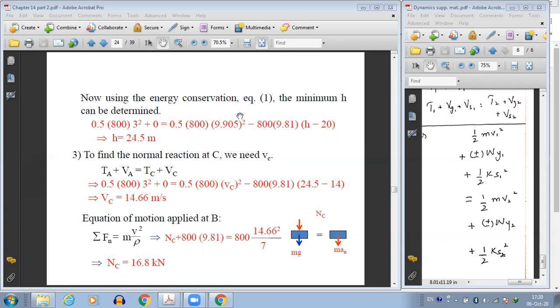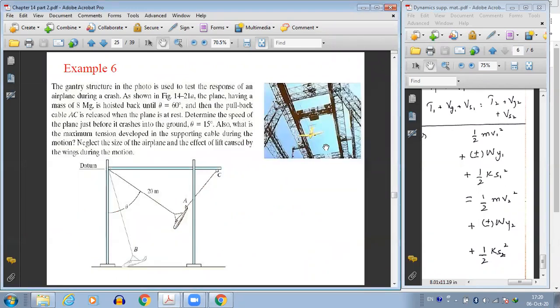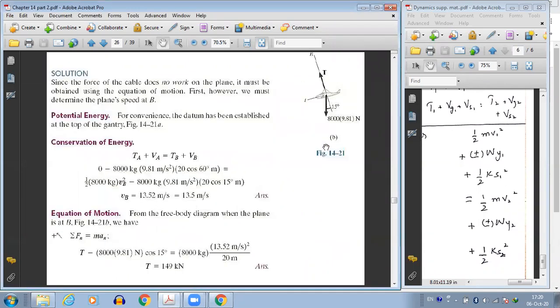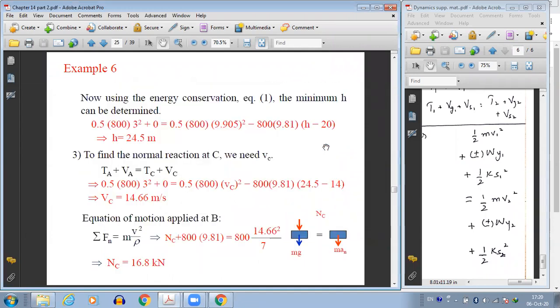Is the solution of the problem clear or not? Okay, let's have one last problem, and after that we will consider that this chapter is done.